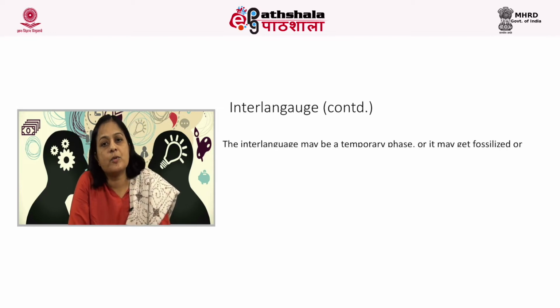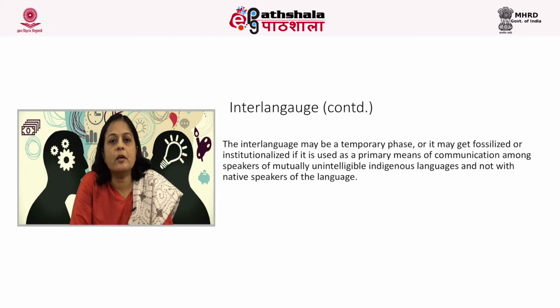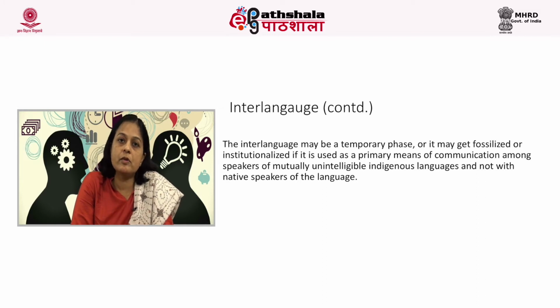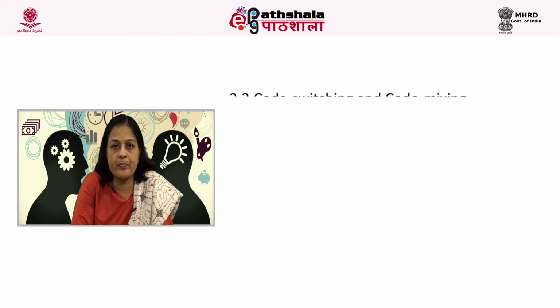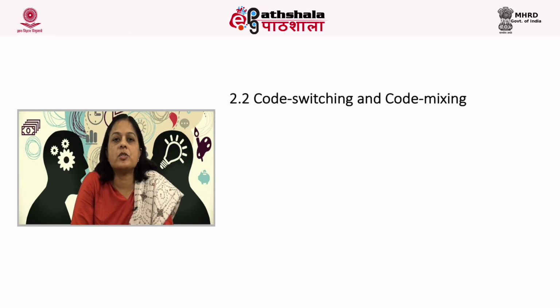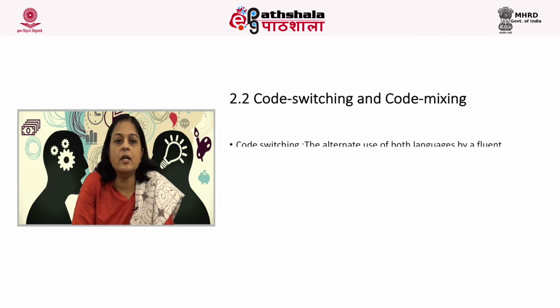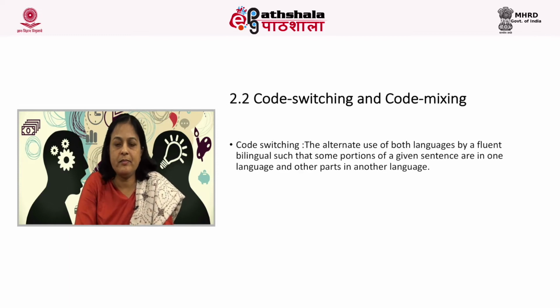The interlanguage may be a temporary phase, or it may get fossilized or institutionalized if it is used as a primary means of communication among speakers of mutually unintelligible indigenous languages and not with native speakers of the language. The examples of Indian English constructions we saw earlier would be a case in point.